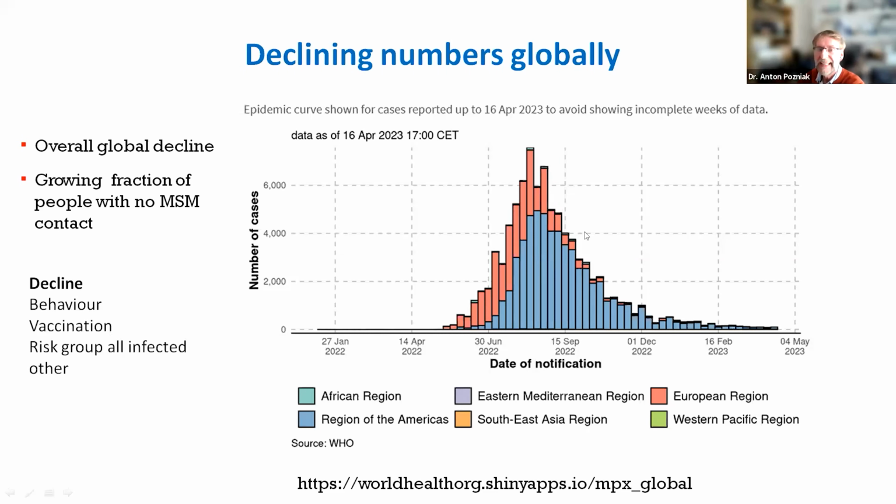So maybe what we saw at the peak was the target audience, all the people that could be infected have got infected, and after that, the numbers have gone down, and maybe the people with risk behavior, which was very minimal, have retained that risk behavior, so haven't got infected, and lots of people have got vaccinated, etc. So it may be that the reason it's gone down is all the higher risk groups have got infected rather than behavior and vaccination. But it's really going to be interesting to try and find out why it declined so quickly.